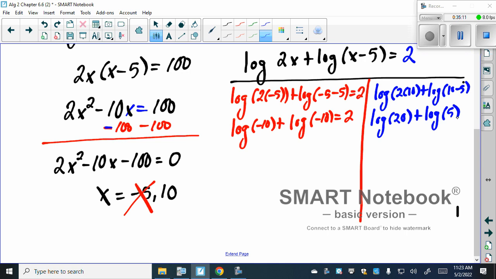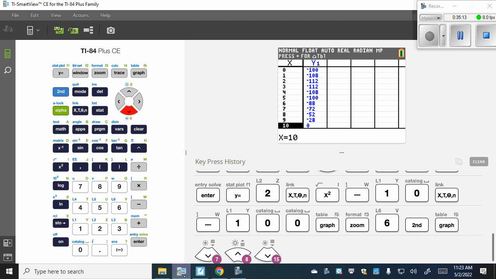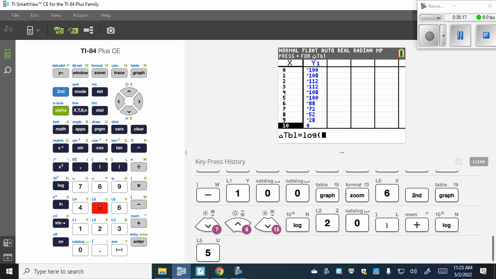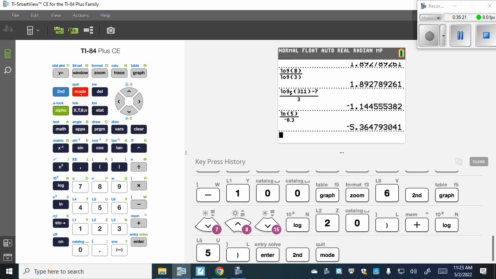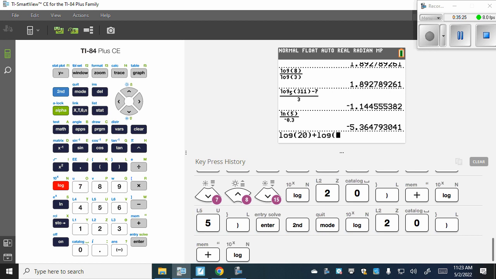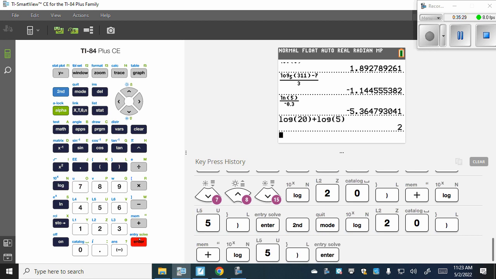And if I grab the calculator to check this, log of 20 plus log of 5, and hit enter, we get 2. So it does work, but negative 5 does not.